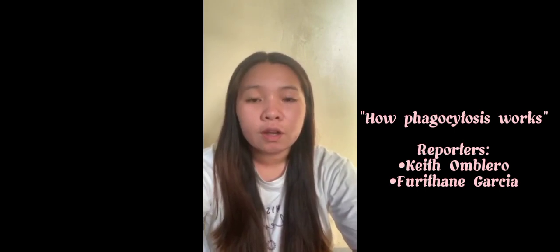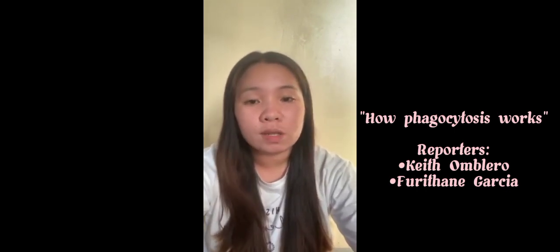How phagocytosis works. Reporters: Keith Amblero, Urethane Garcia. A cell binds to the item it wants to engulf on the cell surface and draws the item inward while engulfing around it. The process of phagocytosis often happens when the cell is trying to destroy something, like a virus or an infected cell, and is often used by the immune system.